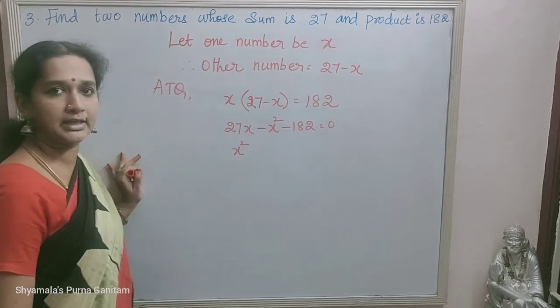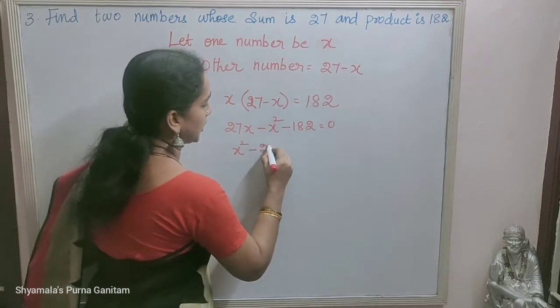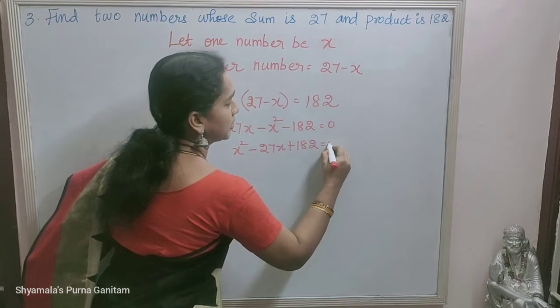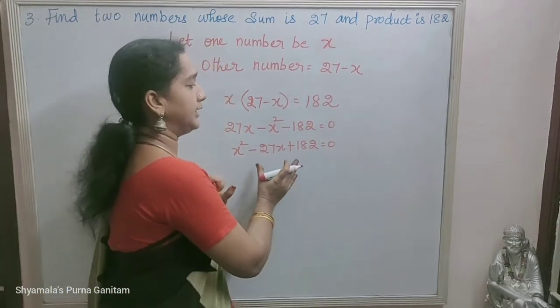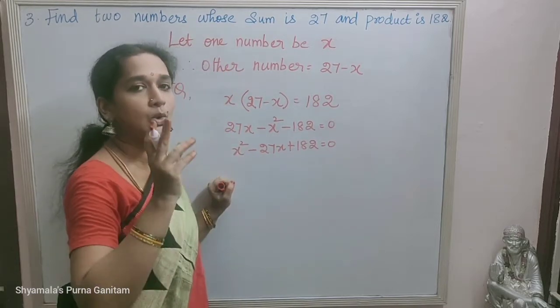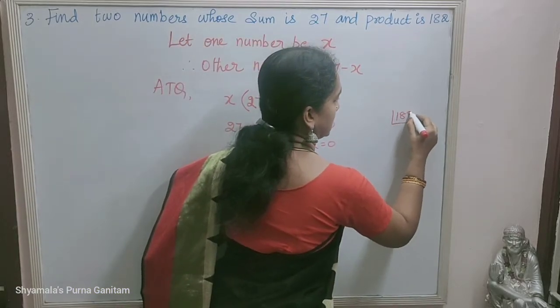When I multiply by a negative sign, it is x squared minus 27x plus 182 equal to 0. Now, when you split the middle term, you have to get two numbers. That we will find out using prime factorization.